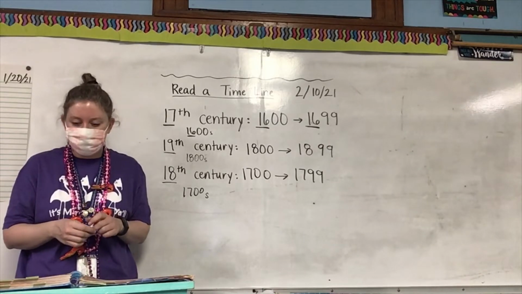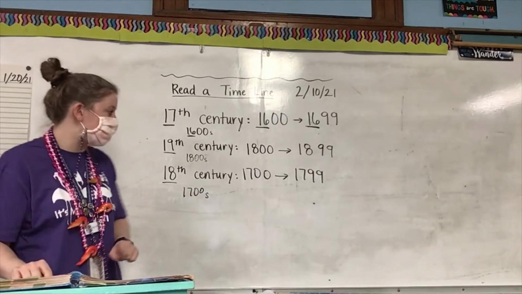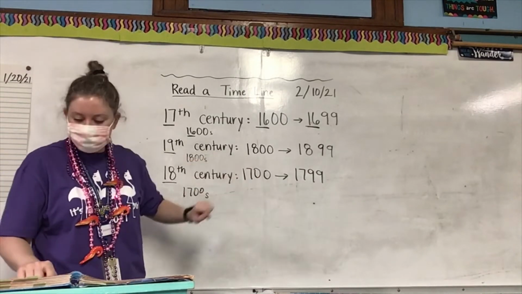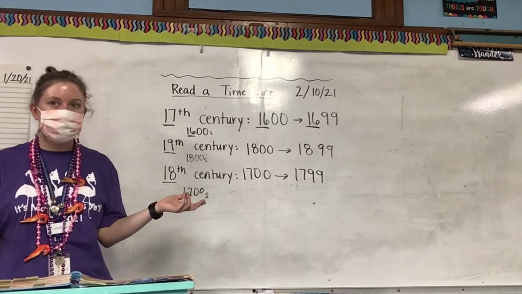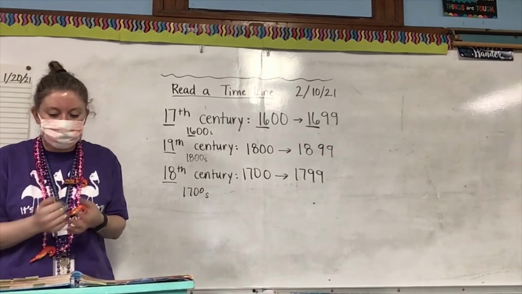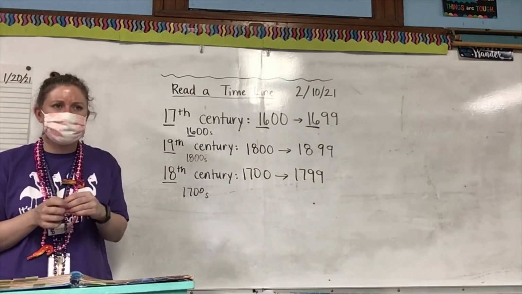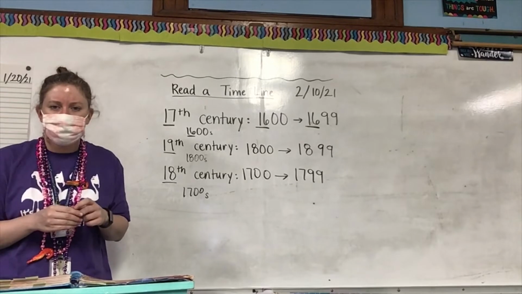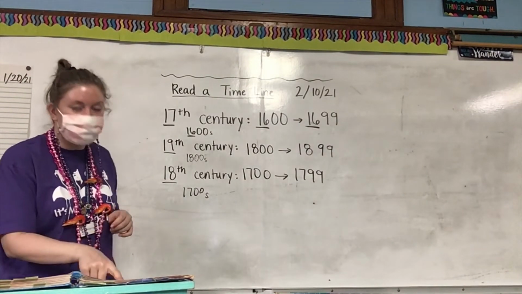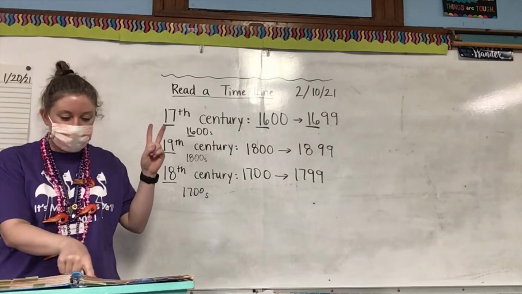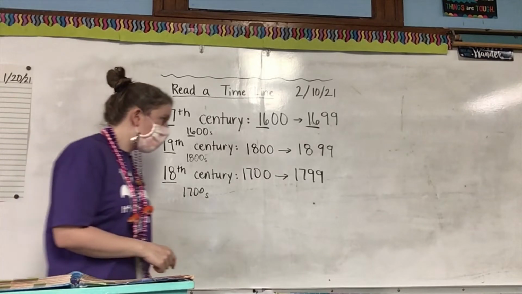The 19th century, because we see from 1801 to 1899, or 1901, there's nothing happening. It's just there to show you this is the 19th century. How many centuries are shown on this timeline? 3. We have the 17th century first, then the 18th century, then the 19th century.